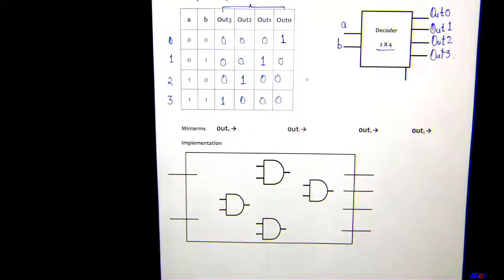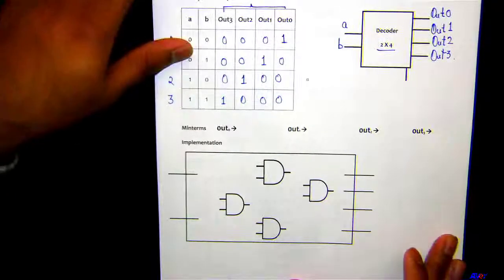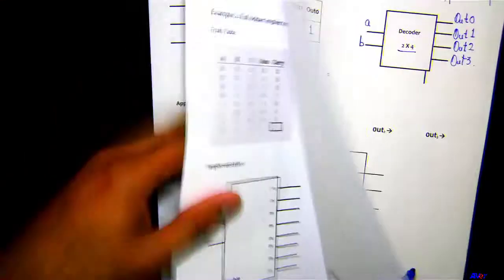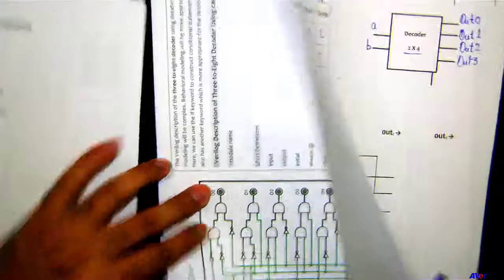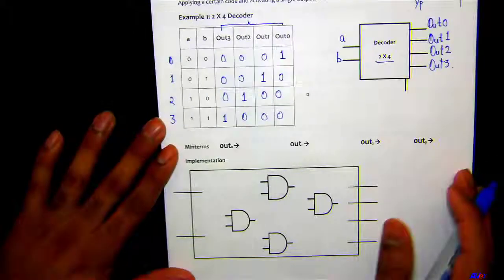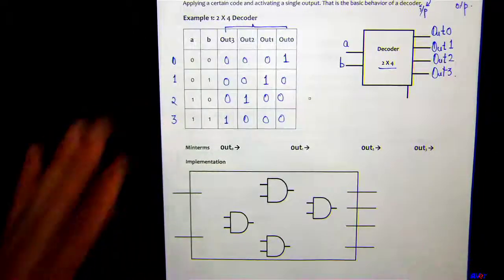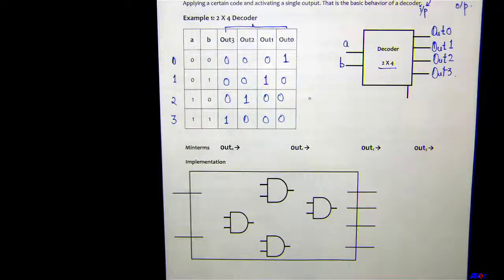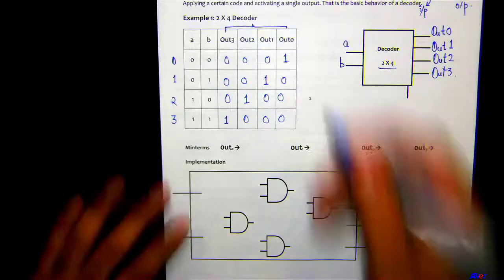If we come up with expressions for the outputs here, what is the expression for out 0? Come on guys. I know we are coming from a break, but this is pretty simple, right? We look at this column.